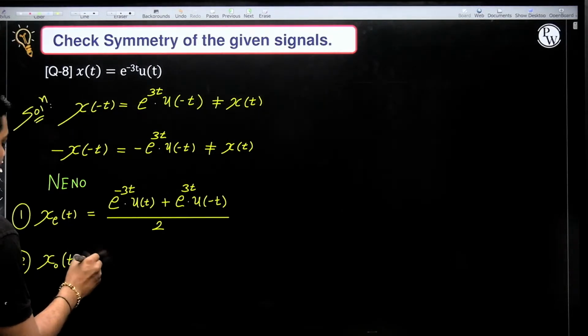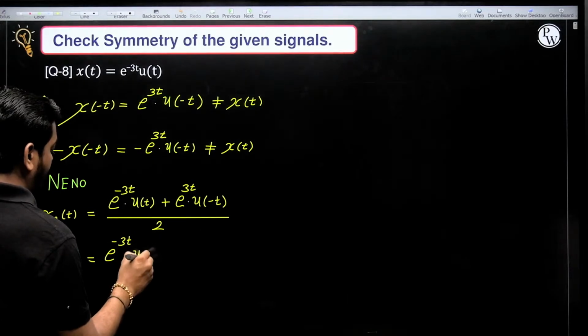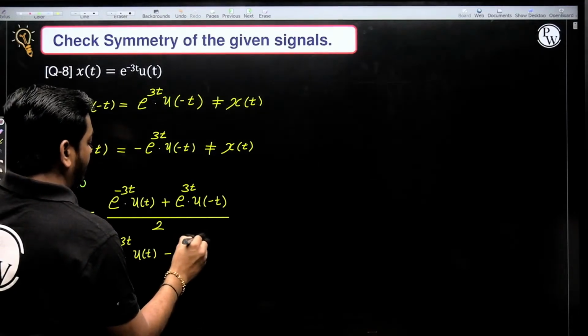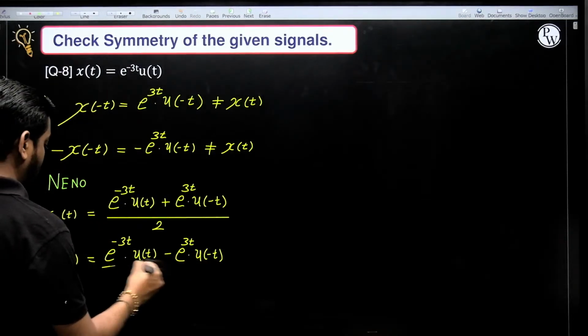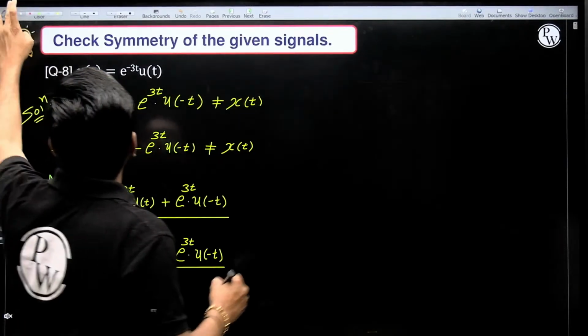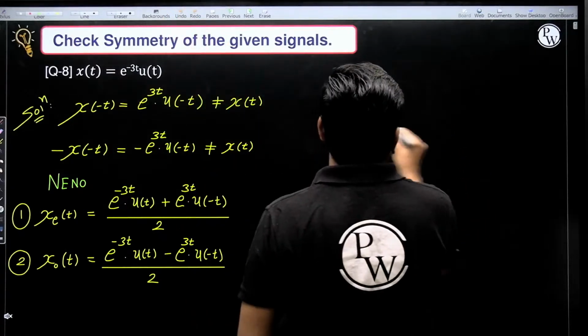Here, number 2, the odd part is given by e to the power minus 3t u of t minus e to the power 3t u of minus t, divided by 2. If you draw its odd part and even part, the even part is exponential decreasing on both sides.